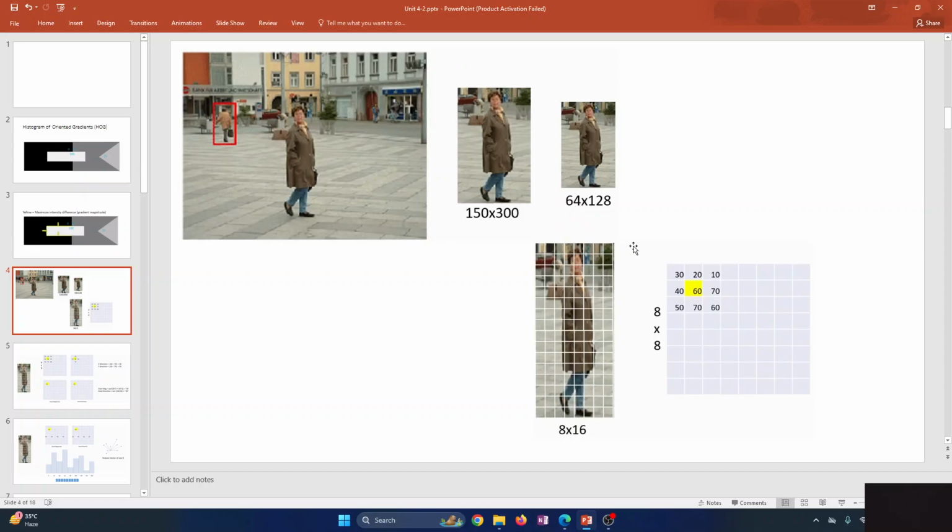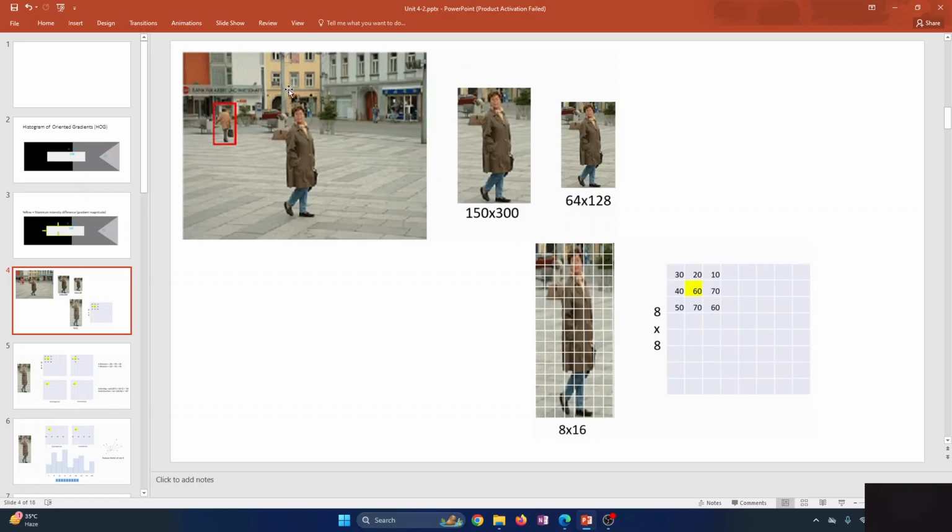You can see these are 8 by 16 grids. Now pay attention, each grid is of 8 by 8 pixels.